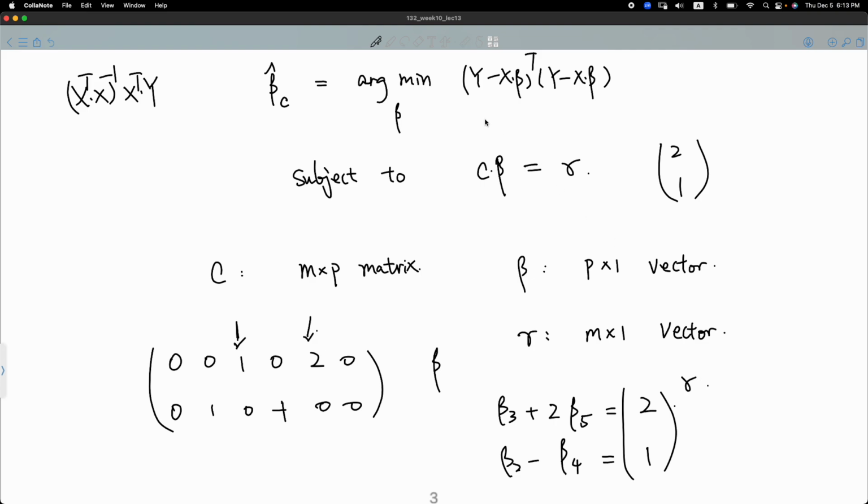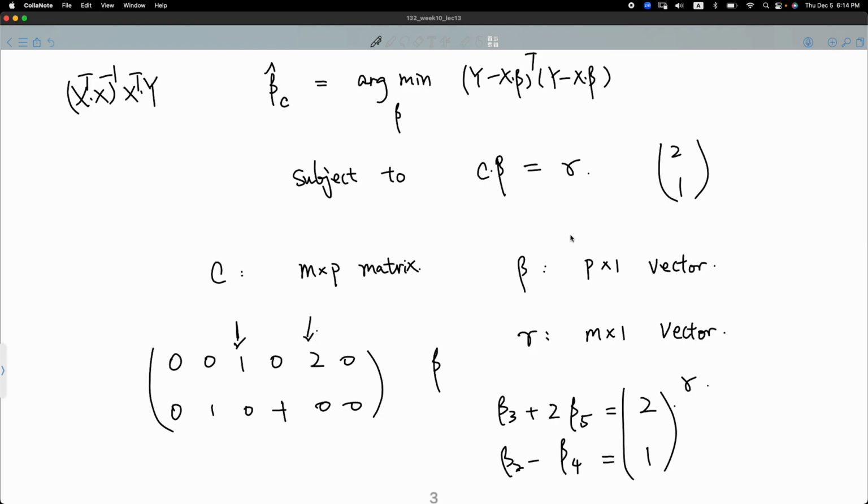Okay, so that means you not only want to fit a model beta with your data x and y, you also impose some constraints which you think are important as a domain expert. This is just an additional constraint that you impose on the coefficient.